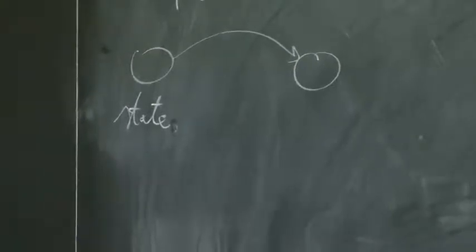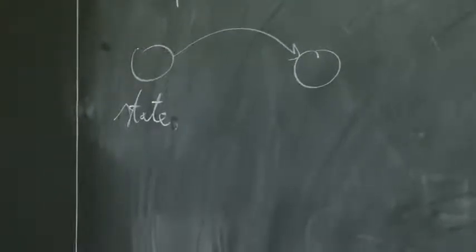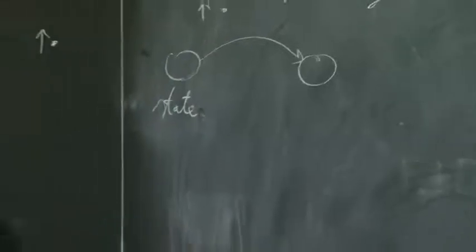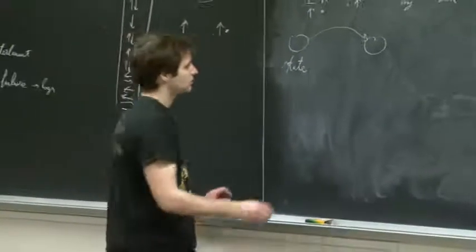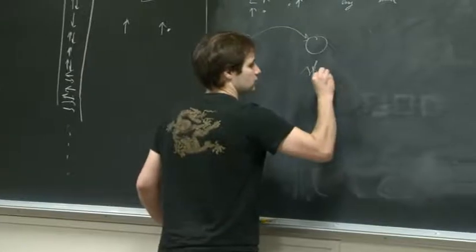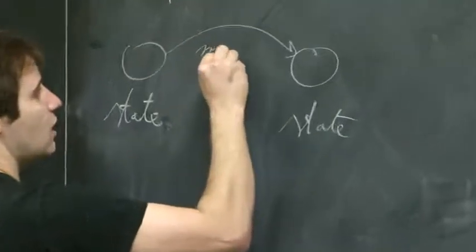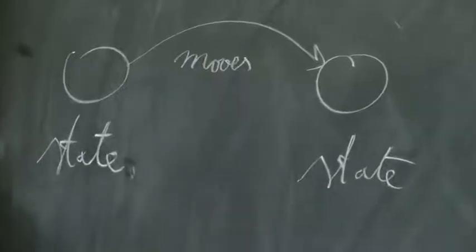A state is where you are at a point in time, and then you make a move. Like in chess, your state is your board position and whether you're moving or your opponent is next to move. And the move is when you take a piece and put it from one place to another. So your vertices are states, and your edges are moves.